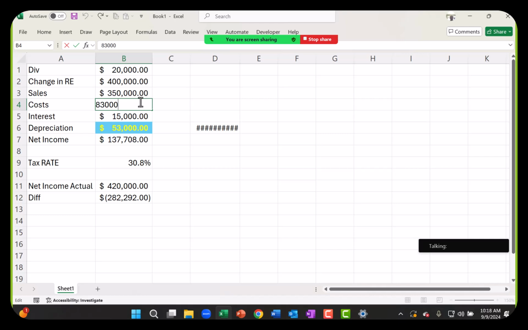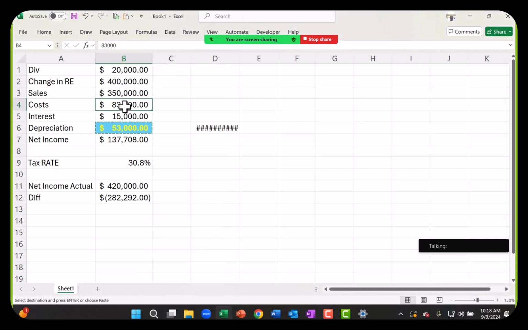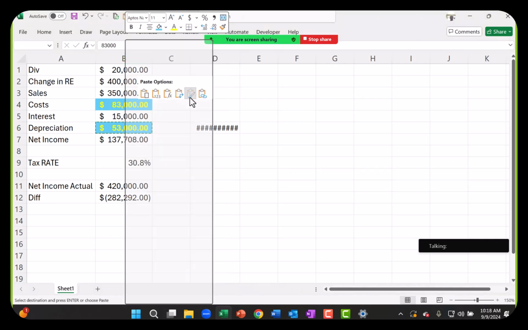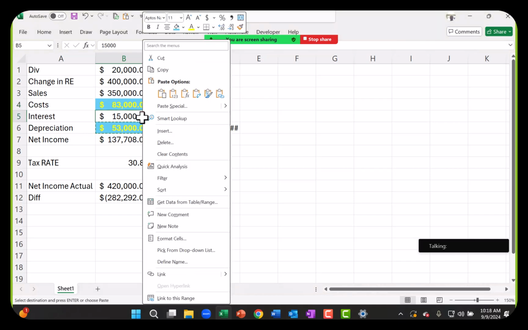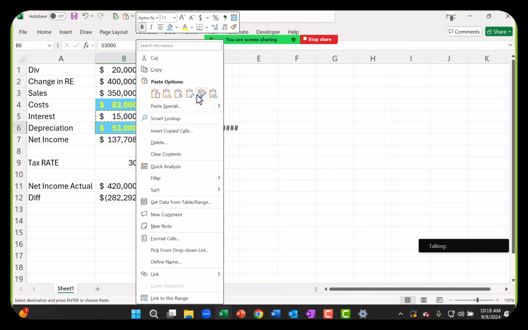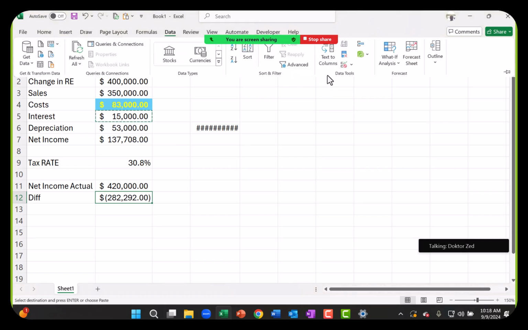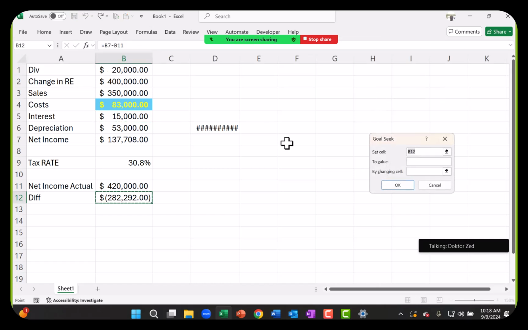Data, what if analysis, goal seek, make that difference 0 by changing what I don't know, which is the costs.